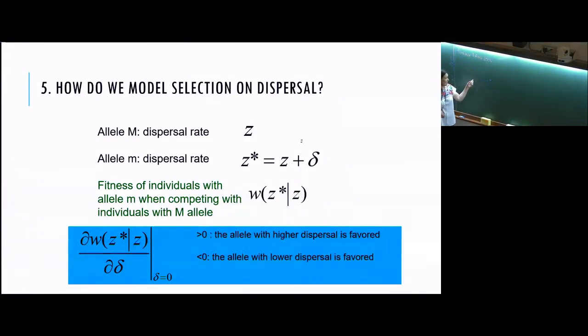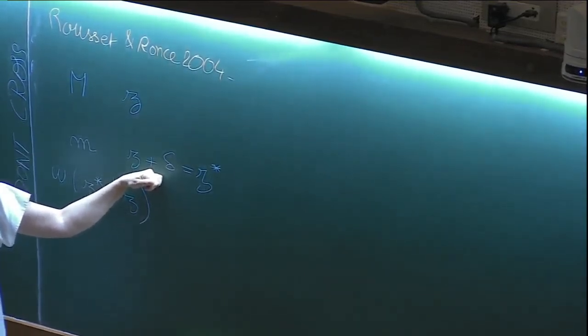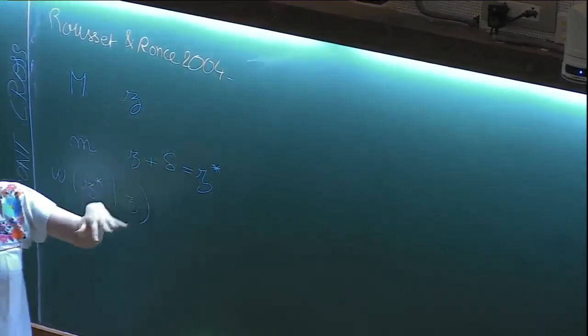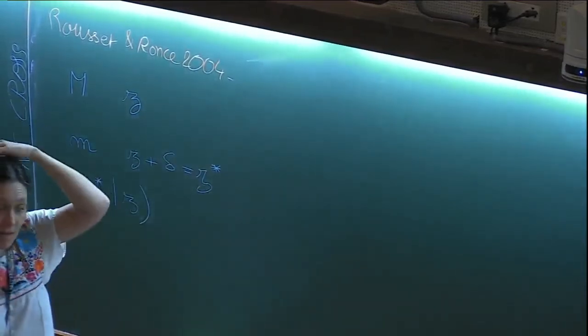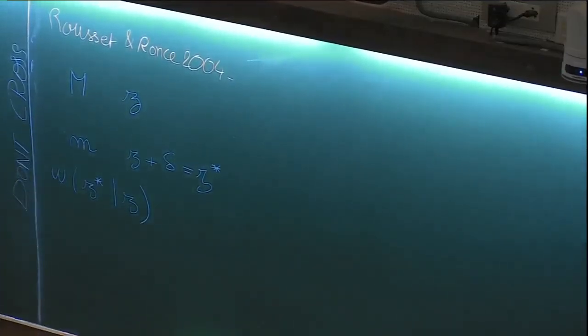We want to know whether mutants, so imagine that we've got this allele, we want to know if this allele is going to be invaded by mutants that have a higher dispersal rate than the resident, or will be invaded by mutants that have a lower dispersal rate than the resident, or whether they cannot be invaded by anybody. And then this is a definition of, did you see that at all during this course, the game theory kind of stuff?